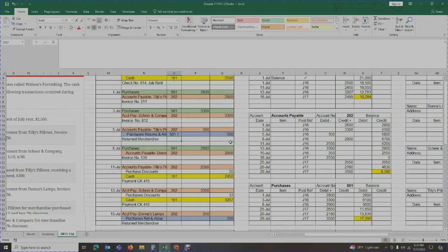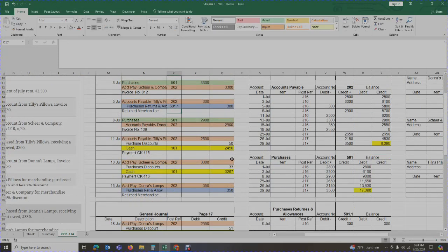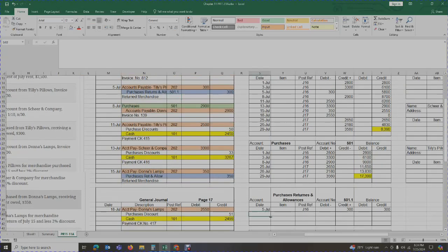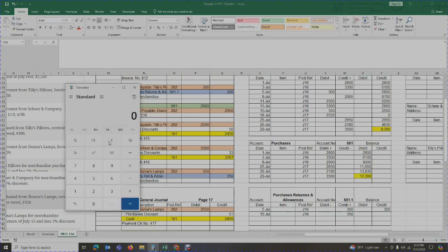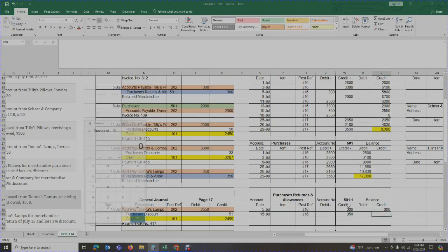501.1. Okay, and then we go down to July the 15th. That is journal 16. We've got another credit of 350, so we're going to add them together. 300 plus 350 gives me 650.